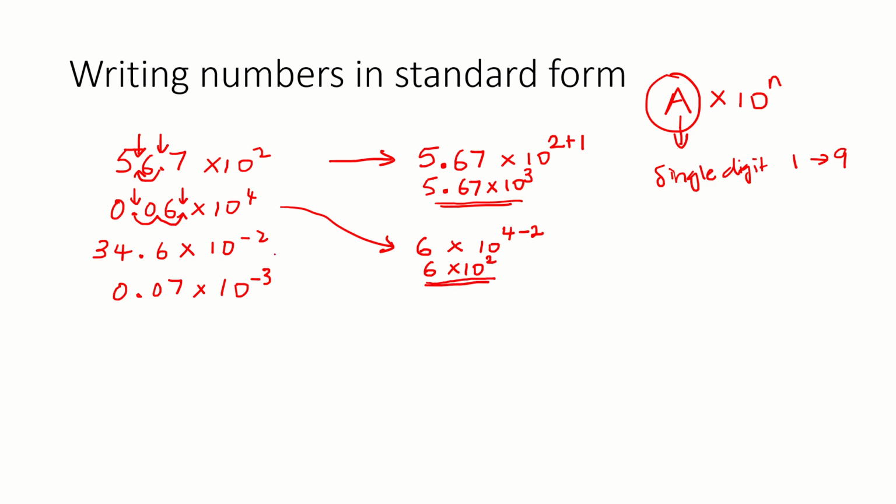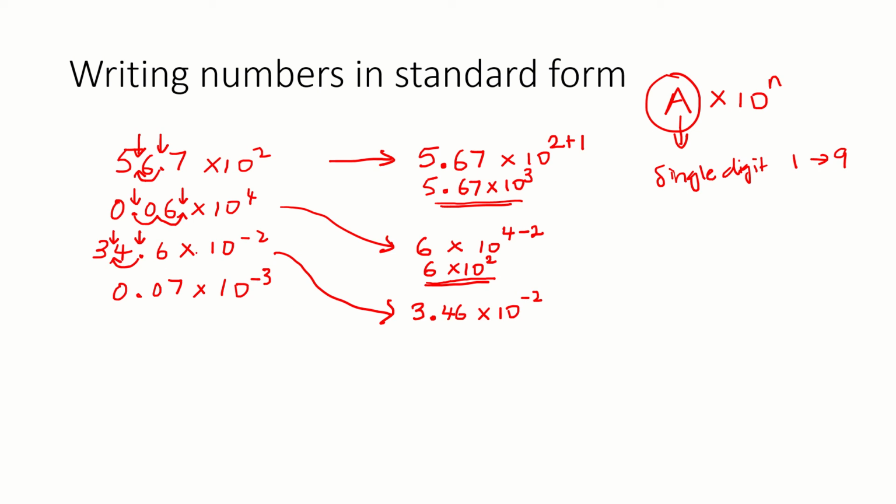Now for the third number, it's almost the same as the first number here. Okay, so just write this down first. The single digit, 3.46 times 10 to the power minus 2. Now, we have to move the decimal from the right side to the left side, in between 3 and 4. So we have to move 1 step here.